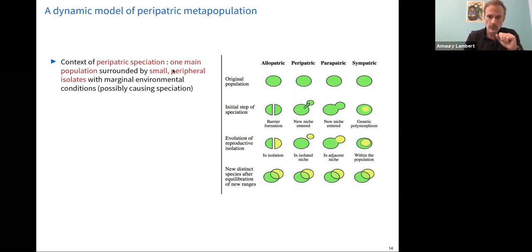Peripatric speciation is pretty much the same, but with the idea that you start with one main population surrounded by small, what are called peripheral isolates. And these isolates are supposed to inhabit marginal environmental conditions, possibly causing speciation due to local adaptation.